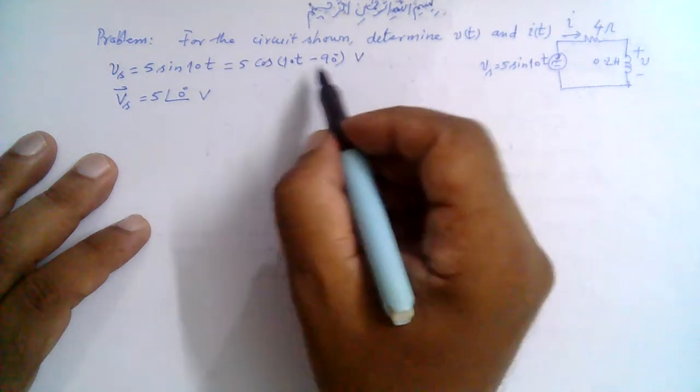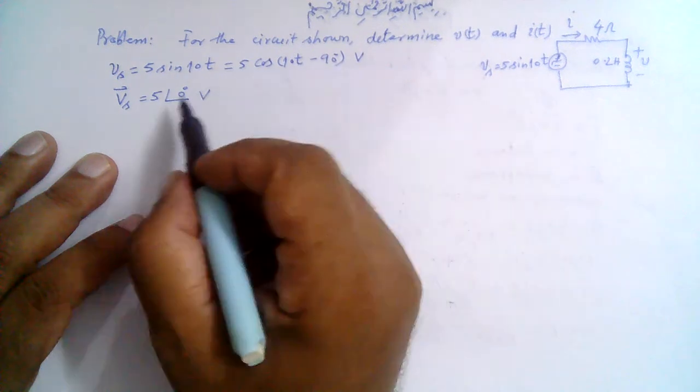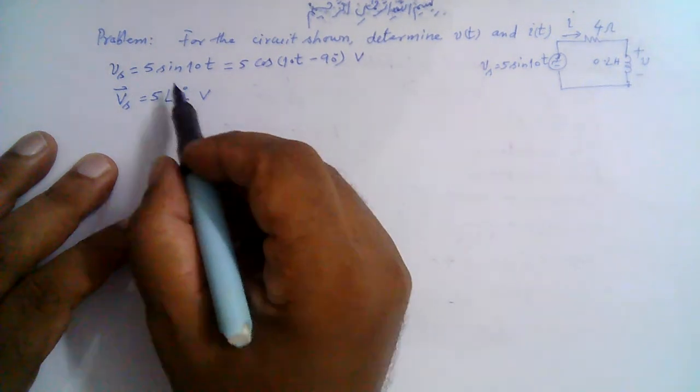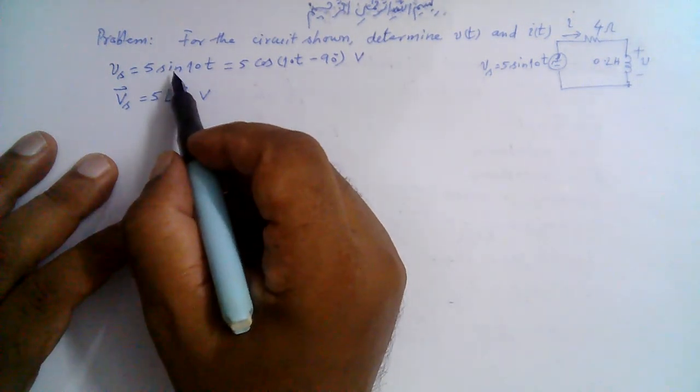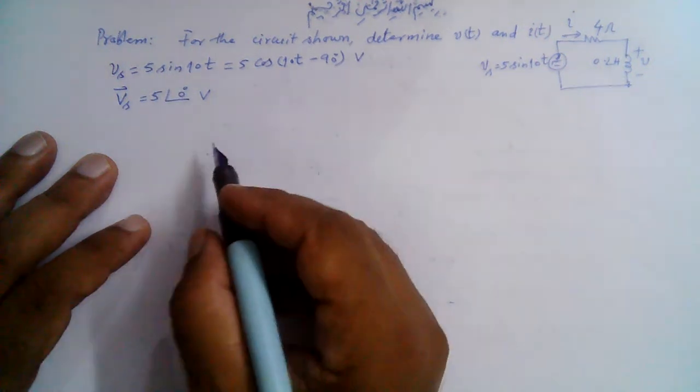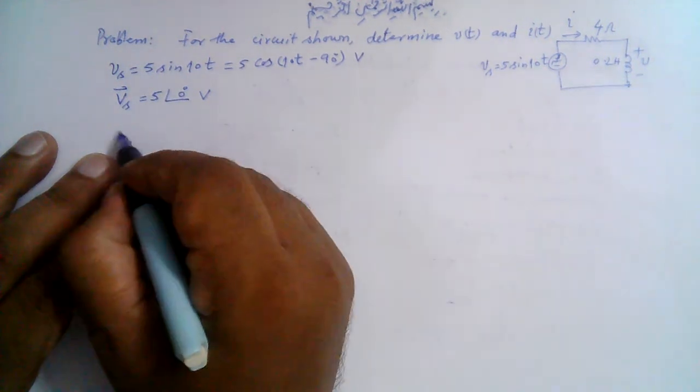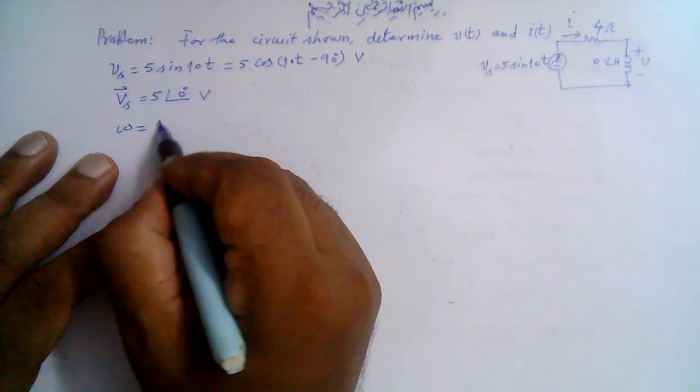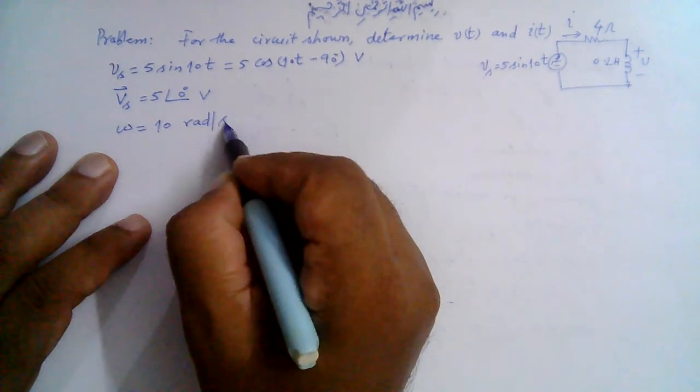But instead of using 5 angle minus 90 degrees, it will be convenient to use 5 angle 0 degrees, with the base being the sine function. And omega in this case is 10 radians per second, right?